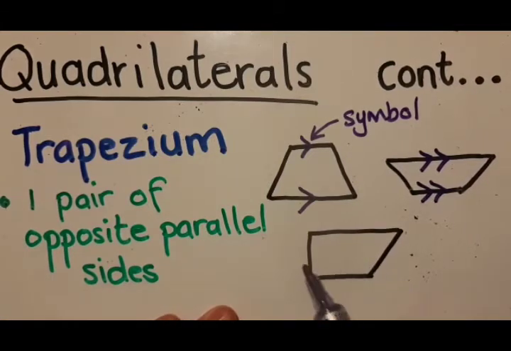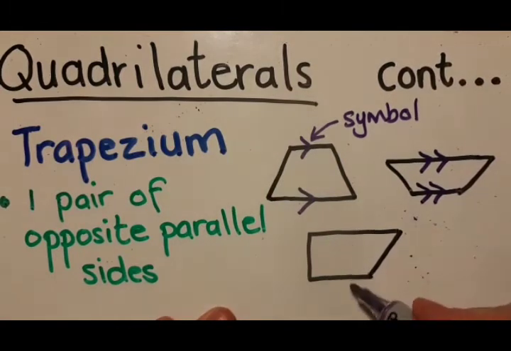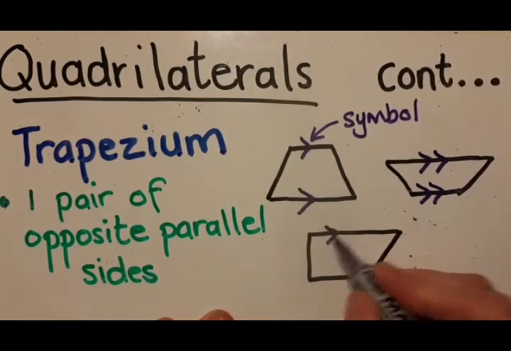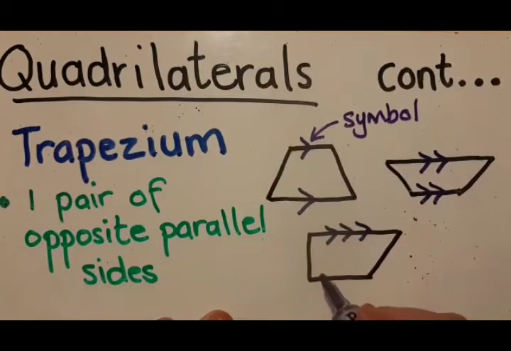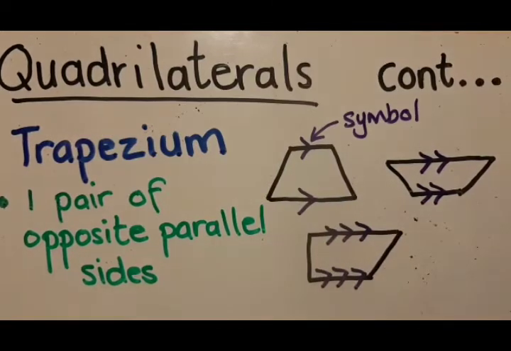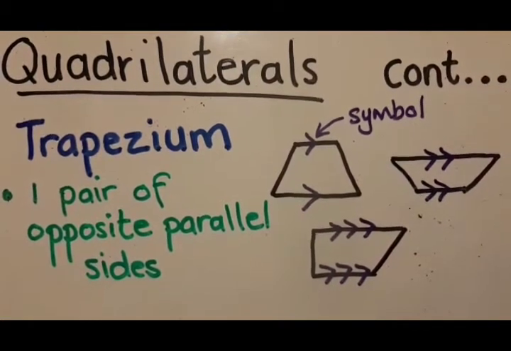The sides of this shape are definitely not equal in length, and neither are they parallel. The top and the bottom are not equal in length, but they are parallel to one another. They are an equal distance apart. That is the characteristic that we can use when we are dealing with a trapezium.